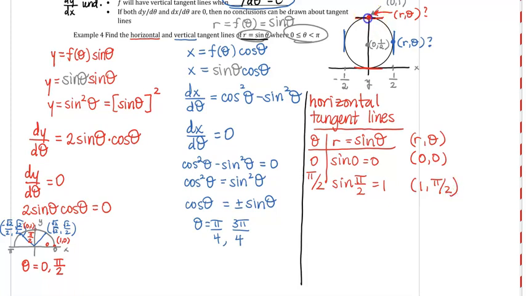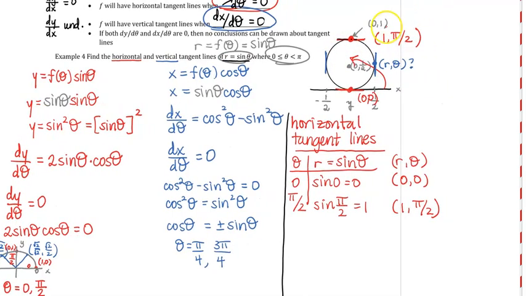So here is our point (1, pi over 2), and here is our point (0, 0). I'm talking about the polar points. That (1, pi over 2) is go to an angle of pi over 2 and go up 1 unit. Notice that that does correspond to the rectangular point (0, 1) that we already had labeled.